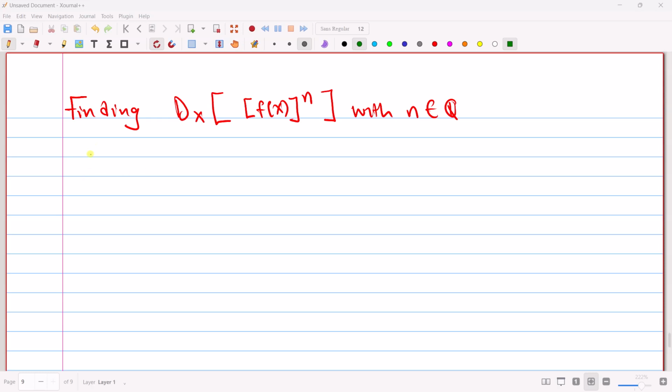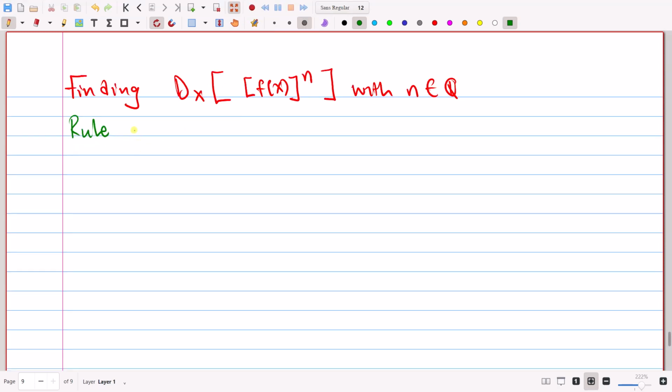So to differentiate such a function, there is a rule that we have to apply. The rule goes as follows. The derivative of a function f of x, which is overall raised to some power n, is given by n times f prime x times f of x to the power n minus 1.